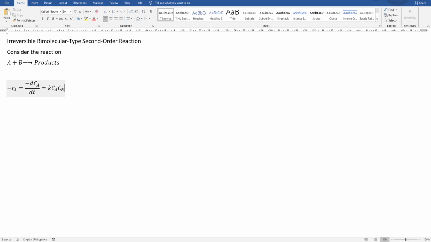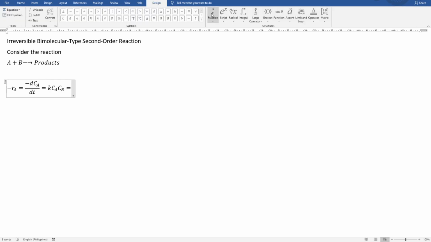This is also equal to negative rB, which is also equal to negative dCB over dt.